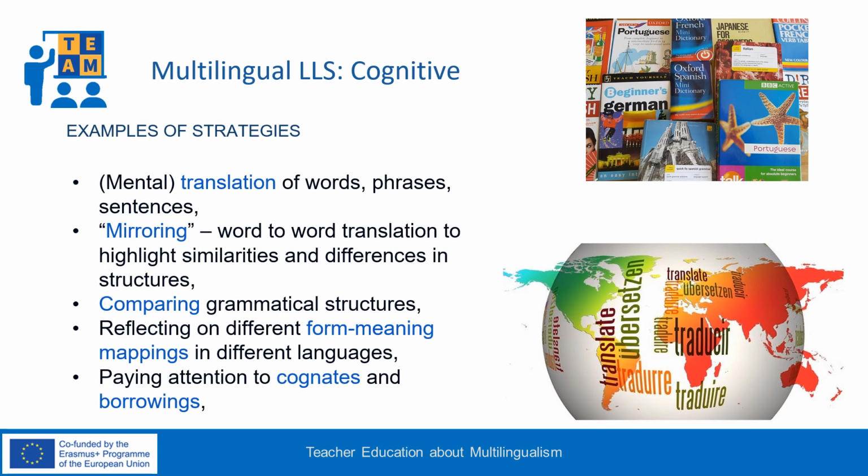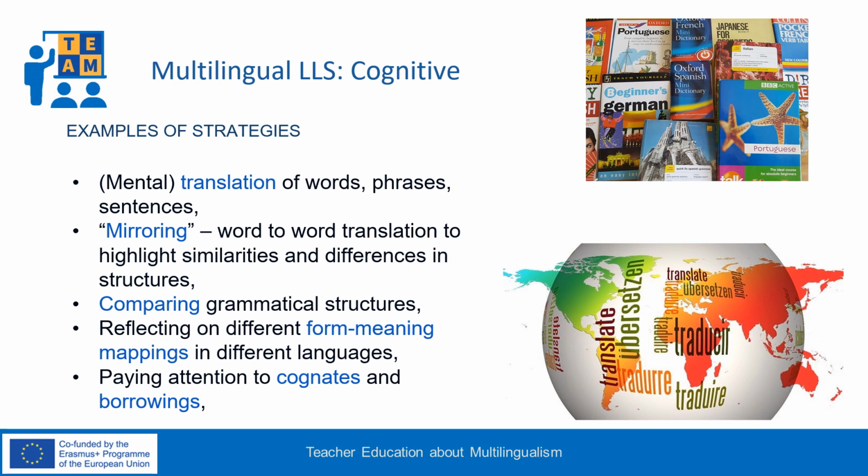Within cognitive strategies, which are directly linked to the learning activity, translation, written, oral, or just mental, of words, phrases, sentences, bidirectionally between the native and foreign language and between different foreign languages seems to be the most obvious one. The strategy of mirroring, that is, word-to-word translation, in order to highlight similarities and differences in structures, is another strategy that can be used.